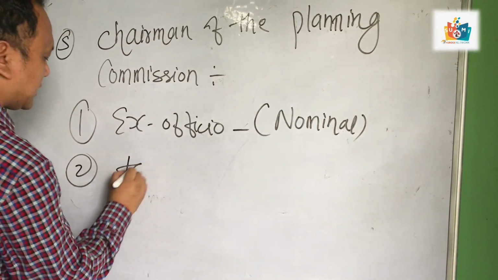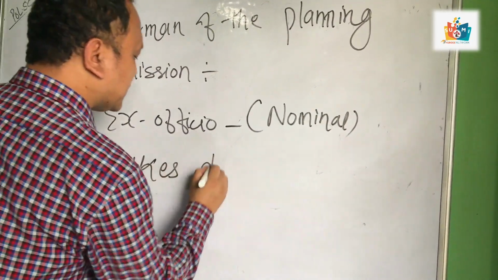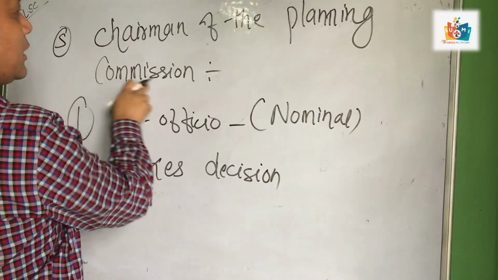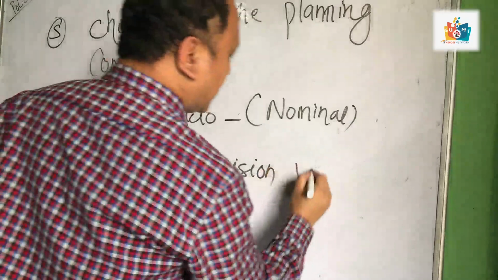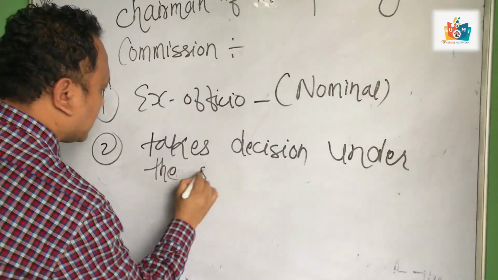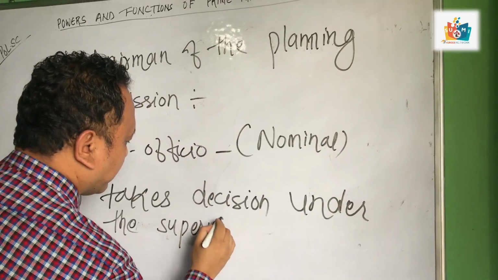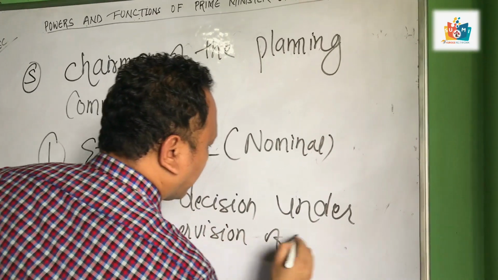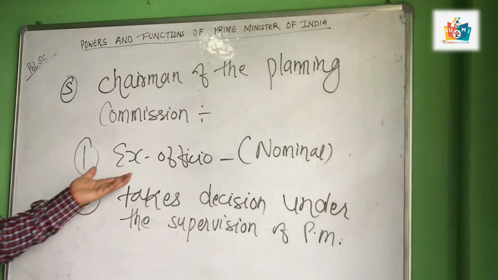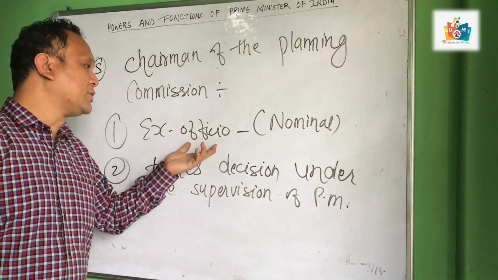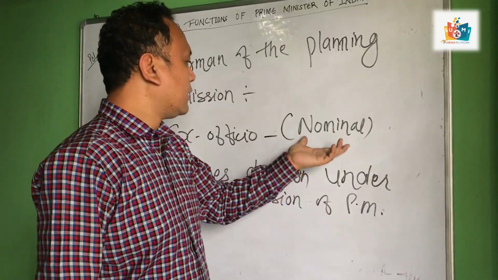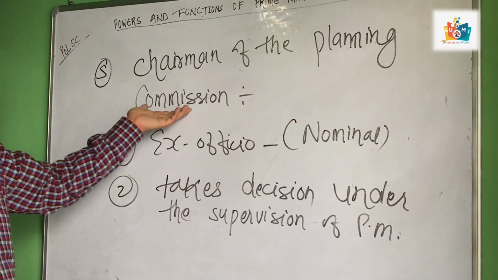Number 2, Planning Commission takes decisions. This commission takes decisions under the supervision of Prime Minister. All right, so number 1, he is an ex officio chairman of Planning Commission, which means he is a nominal chairman of this commission.